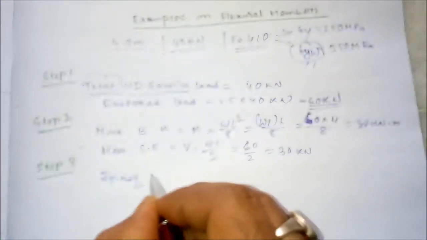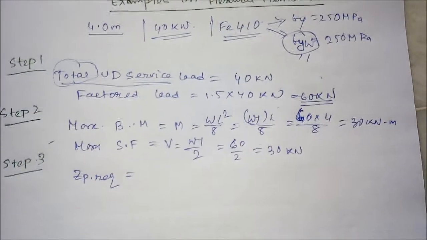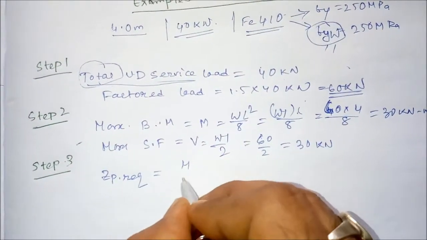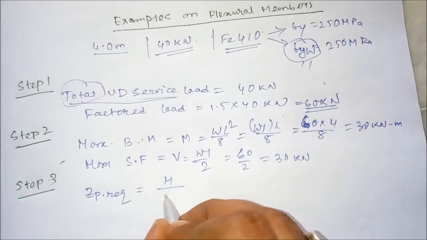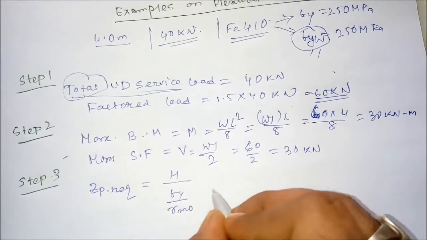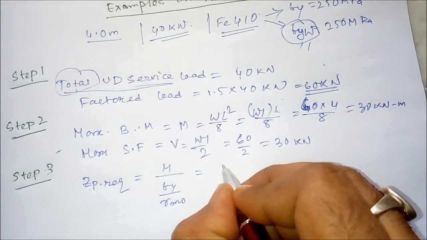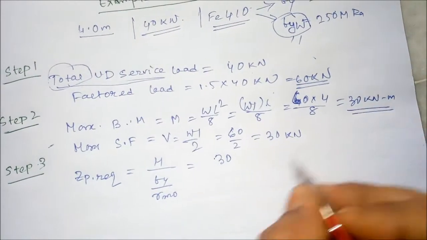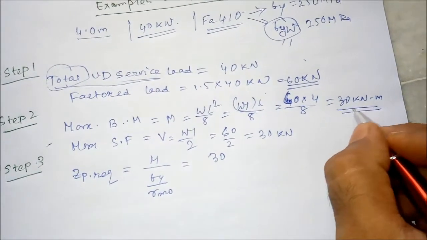We can find this required ZP from the formula M divided by Fy by gamma M0, right? The M value we know, that is 30 kilonewton meter, already found.